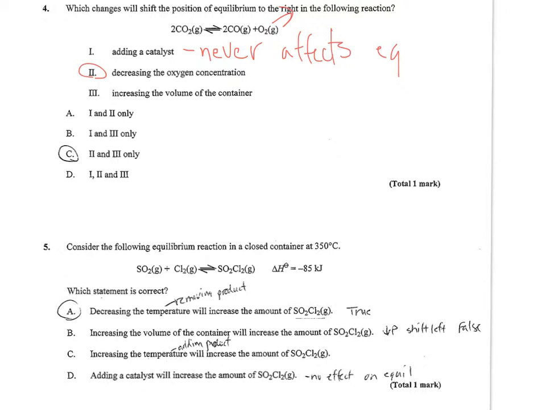Increasing the volume of the container. Well, since 3 moles is the more crowded side to 2 moles, what you have to remember is increasing the volume of the container would be the same as decreasing the pressure. And if you do that, you're going to see a greater decrease in collisions on the more crowded side, which is the product side. So both 2 and 3 would cause an increase in product or a shift in the equilibrium to the right.